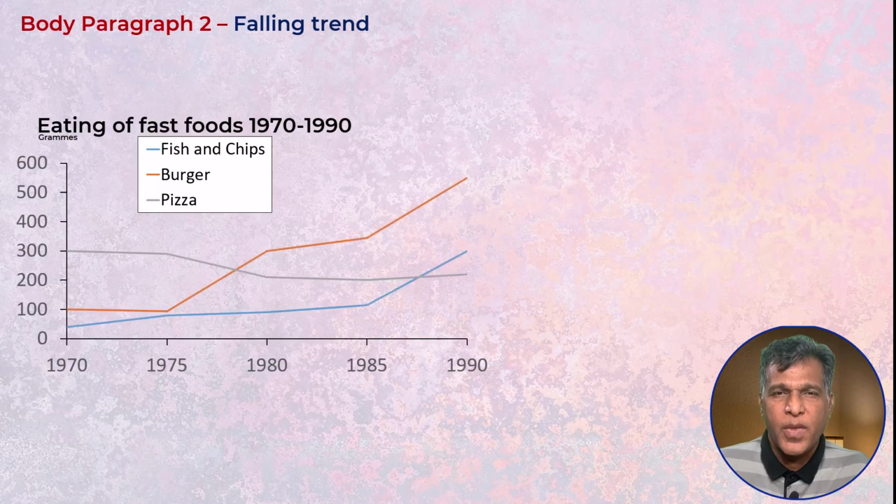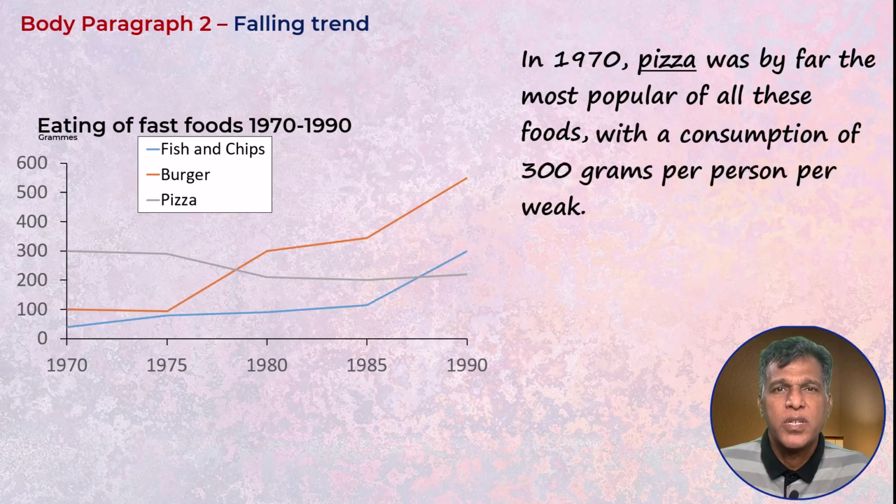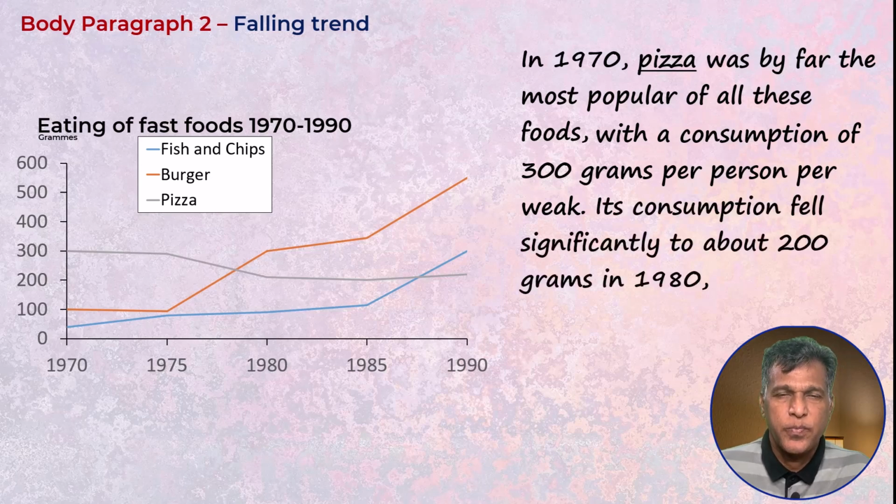Pizza. Its line is in brown color. The starting value. In 1970, pizza was by far the most popular of all these foods, with a consumption of 300 grams per person per week. Middle change.